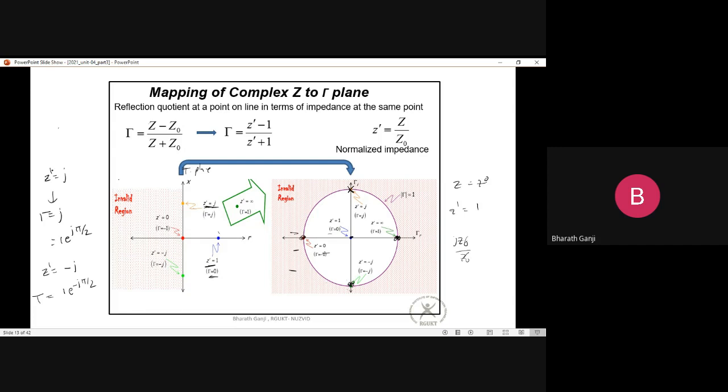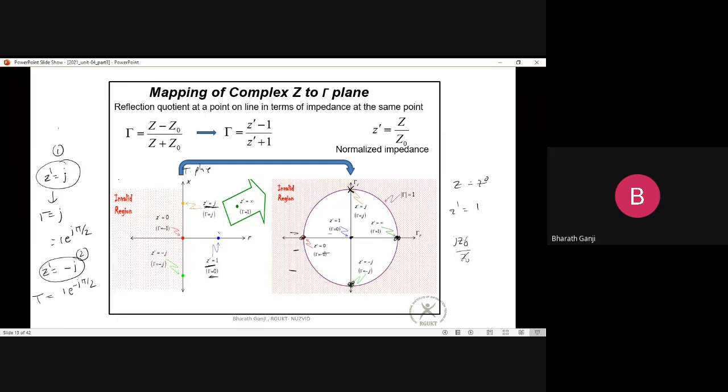Out of these 2 points, let me call the first one and the second one, which one represents a capacitive load and which one represents an inductive load? The minus j load represents a capacitive load and plus j represents an inductive load.